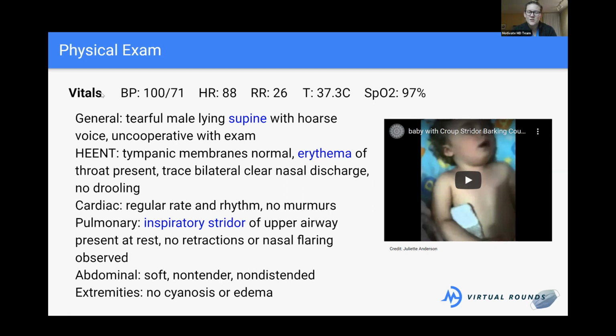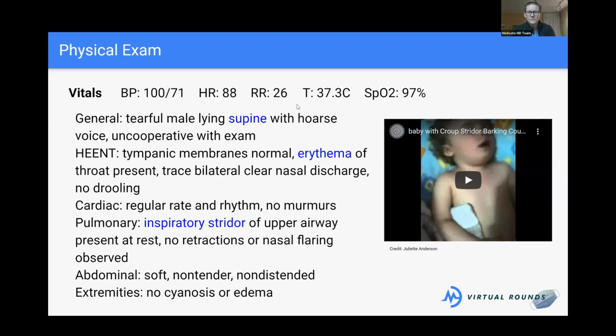So for his blood pressure, which is 100/71, that might seem a little low for the adult side of things, but this is a totally normal blood pressure for a 3-year-old. His heart rate is 88, so that's normal. His respirations are 26. So even for kids who breathe faster than adults, this might be a little bit borderline high or on the upper limit of normal, but it's still not a super red flag that he's breathing super fast.